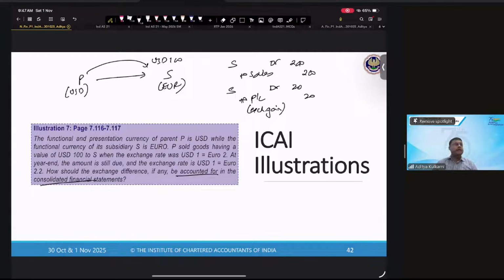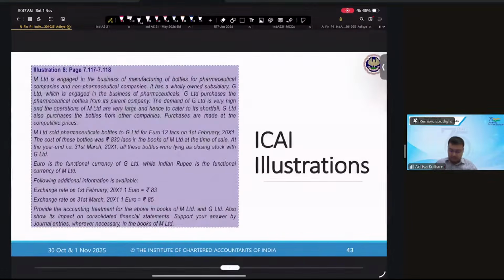Any doubts so far? No. This will be treated as exchange gain because it relates to intra-group transactions. It's not related to NIFO. So you take it to the P&L, even on a consolidated basis, because this is an exposure of the group to foreign currency fluctuation. Okay, so that is done.